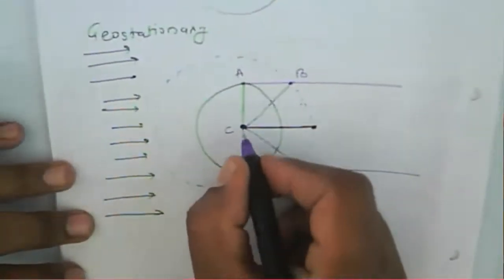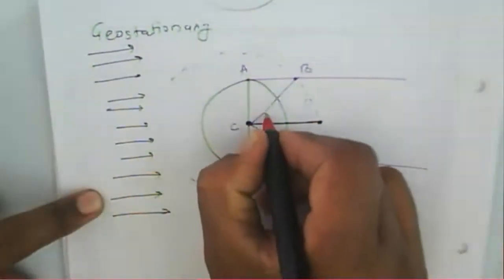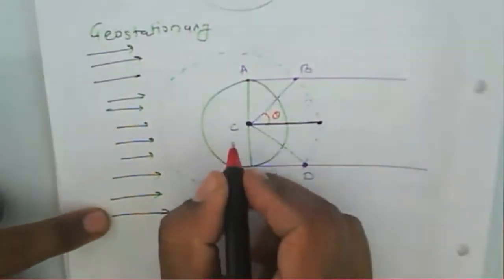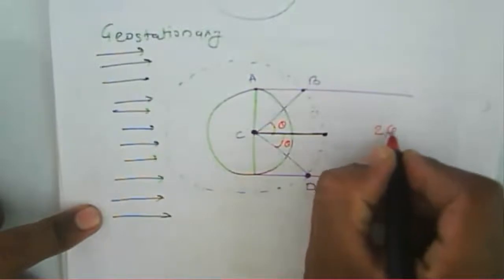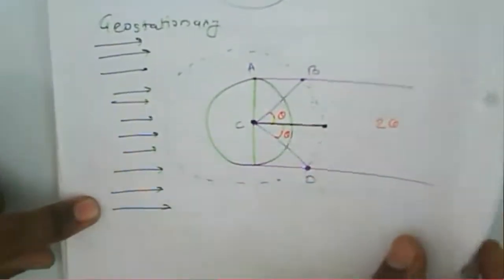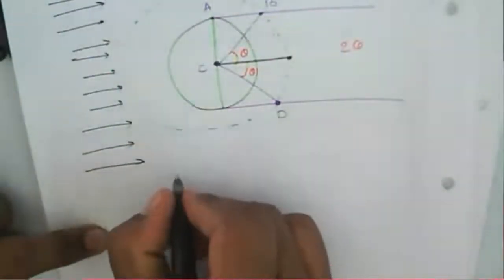If you consider this particular duration from B to D, the satellite is rotating through theta here, and this one is another theta, so the total is twice theta. So this is the maximum shadow angle.